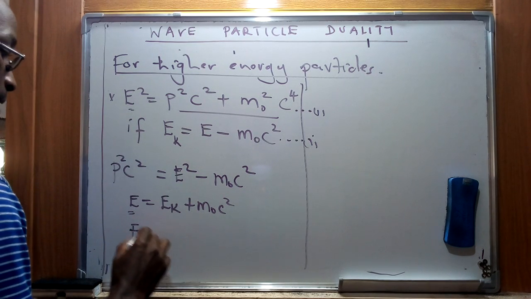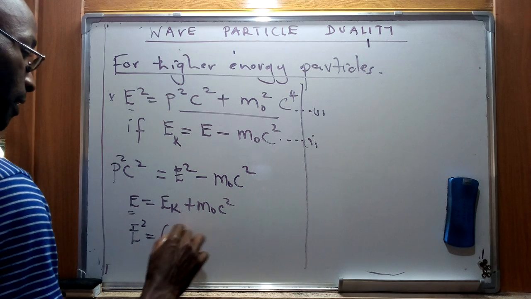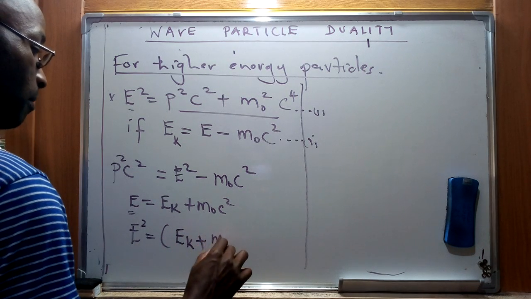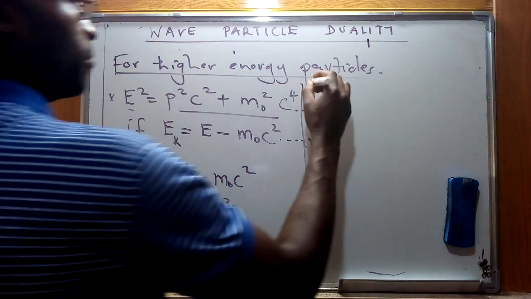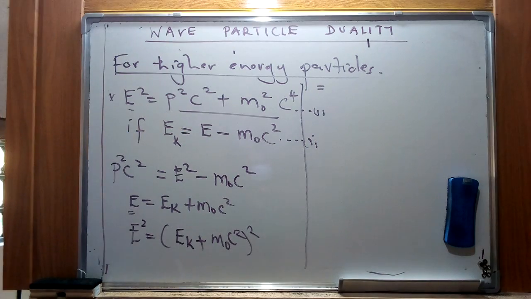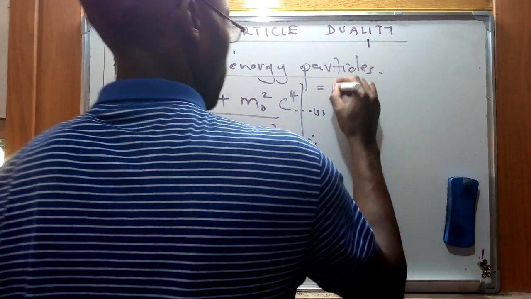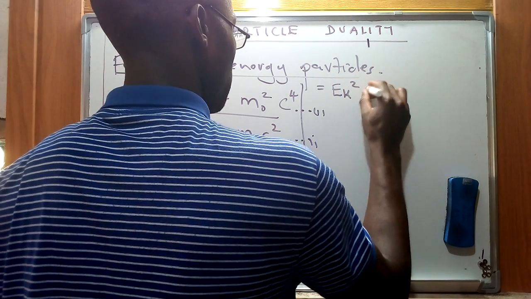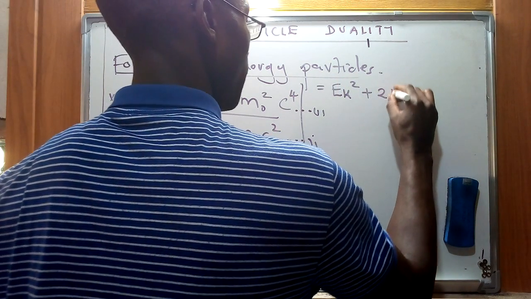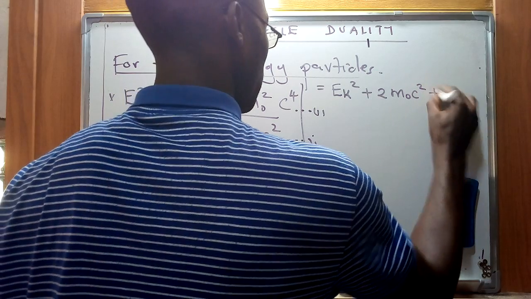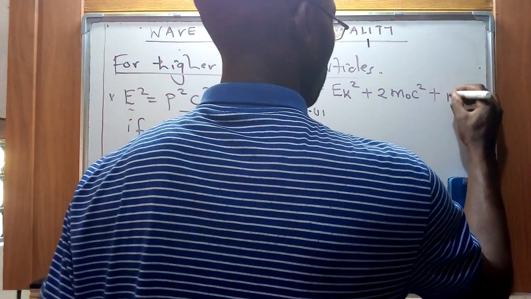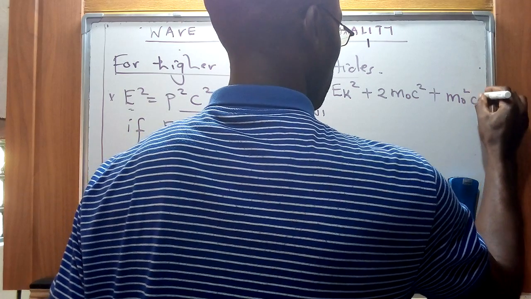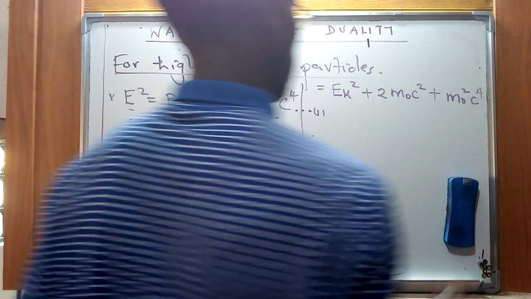So we have E squared represented as Ek plus m0 c squared, and the square of this from basic algebra is going to give us Ek squared plus 2 Ek m0 c squared plus m0 squared c to the power 4.